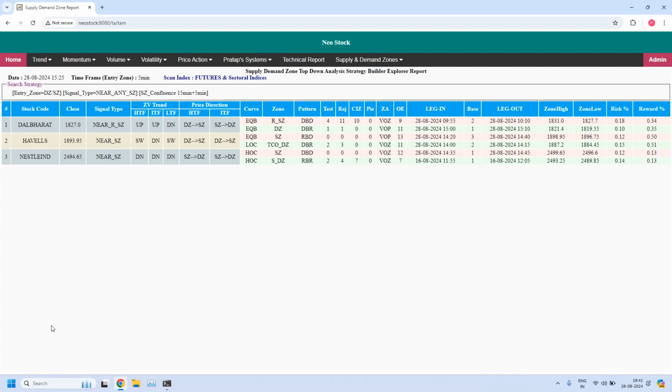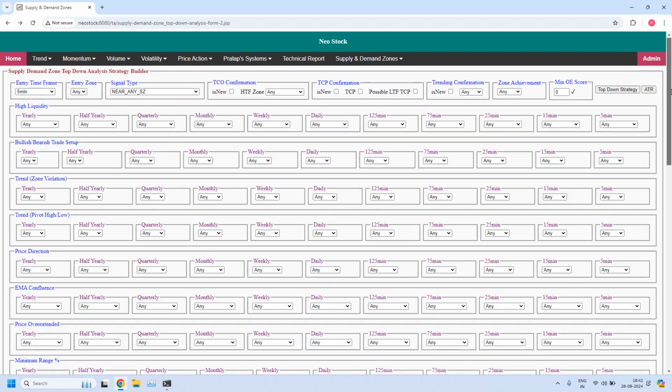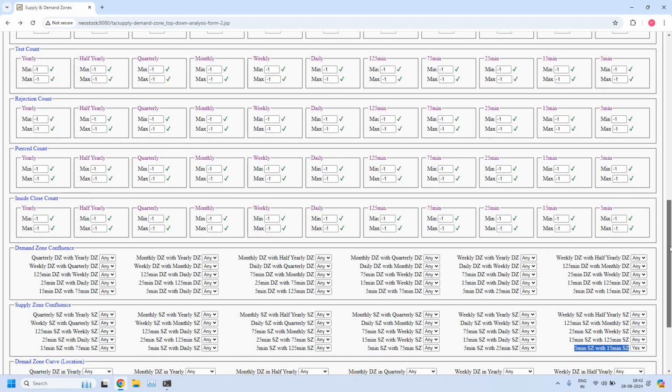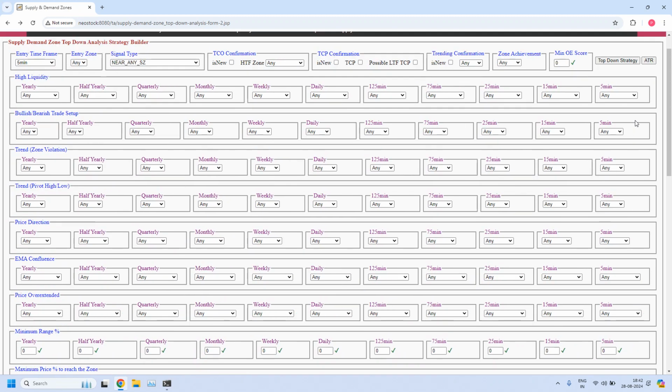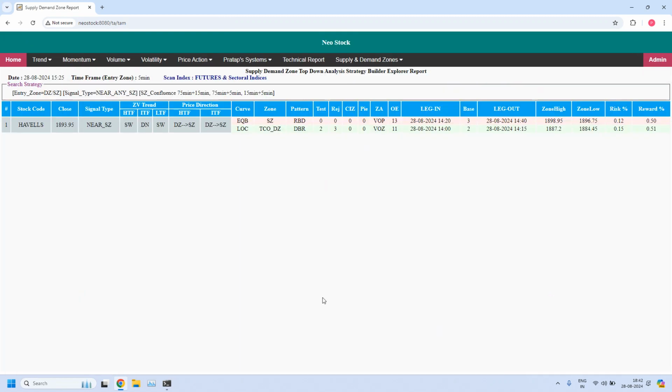Out of these 3, let us verify whether any of these stocks are having HTF confluence. That is, HTF is with 75 minutes supply zone confluence. So 5 minutes with 75 minutes is enabled, and also 15 minutes and 75 minutes is enabled, with all the 3 filters. Let's find. So only Havells is having confluence with LTF, ITF and HTF.